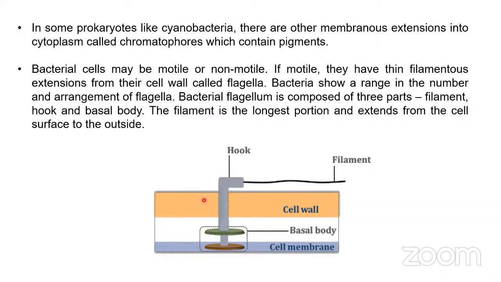This is the basic diagram, and bacteria show a range in the number and arrangement of flagella, which are mainly composed of three parts: the filament, which is the longest part, the hook, and the basal body. The filament is the longest portion and extends from the cell surface to the outside. The hook is embedded inside the cell wall, and the basal body is present completely in the cell wall and the cell membrane.